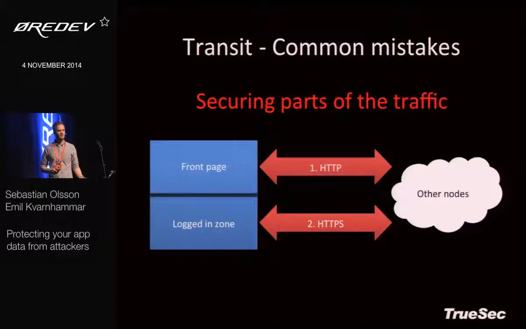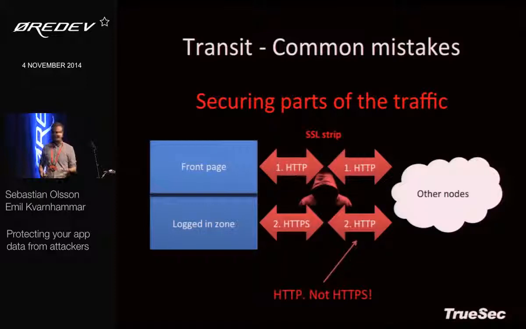One common problem when you start solving this problem is, oh no, it's too performance heavy to do TLS everywhere. Let's just build a logged in secure zone somewhere and then we have the front page with the company information and everything. But this doesn't work because you will probably have the login prompt or a way to get to the login prompt from the front page or the insecure part.